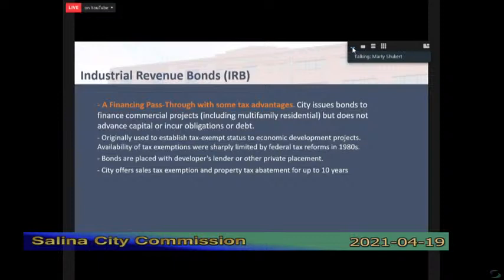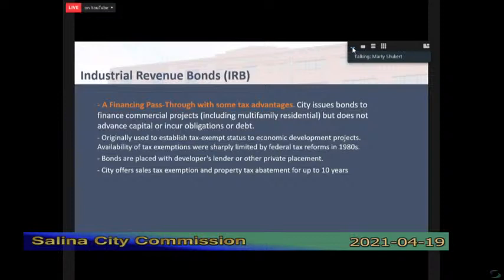Commercial projects also include multifamily residential projects, without incurring capital obligations or debts. These are revenue bonds again, and it is the bondholder or lender who holds the risk. And the city, and in many cases the county, is there as the issuer of the bonds.